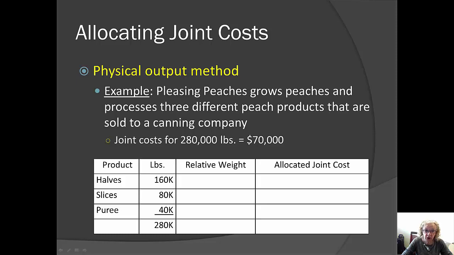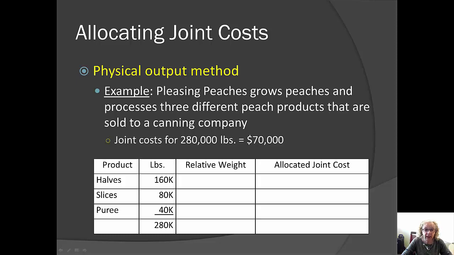The firm has a total of $70,000 of joint costs to bring the peaches to the point where they are ready to be processed into these three different products. The physical outputs method says to allocate those joint costs according to some physical measure. It could be gallons, it could be square feet. In this case, it's pounds of peach product.